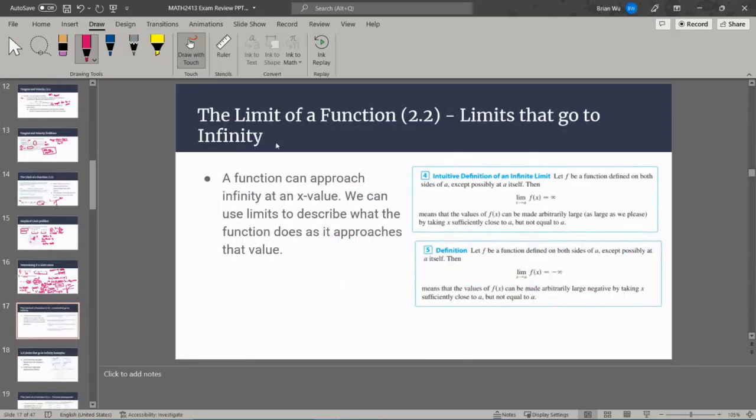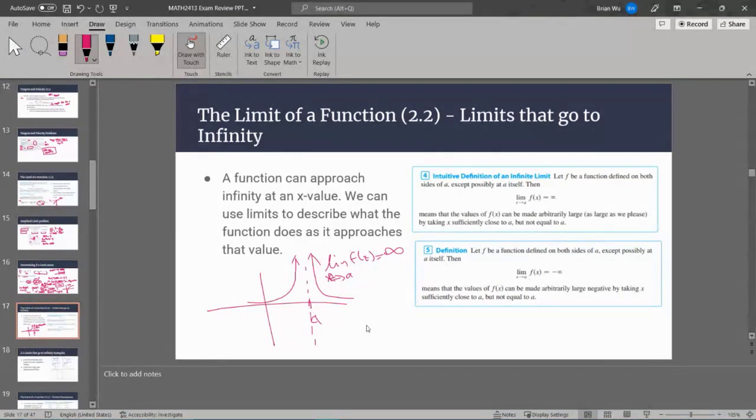Okay. And so for the limit of a function, again, we have limits that go to infinity. We've actually done a couple problems that list these, but essentially what these definitions are saying is that if we have some number, let's say a, and almost always a vertical asymptote, if the function goes to infinity, or gets as large as we get close to a, and if they both go to infinity from either side, then we can say that the limit as x approaches a is infinity.